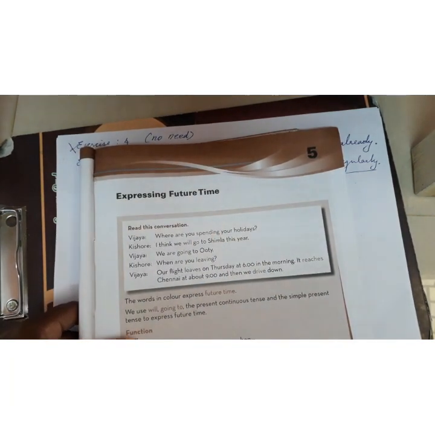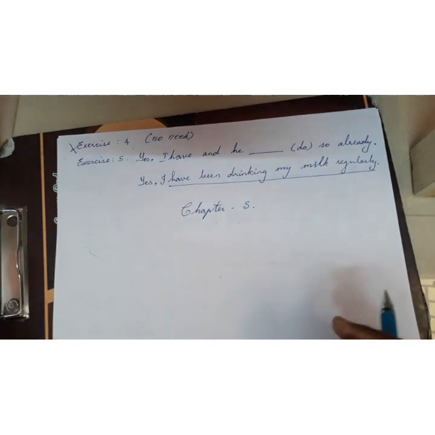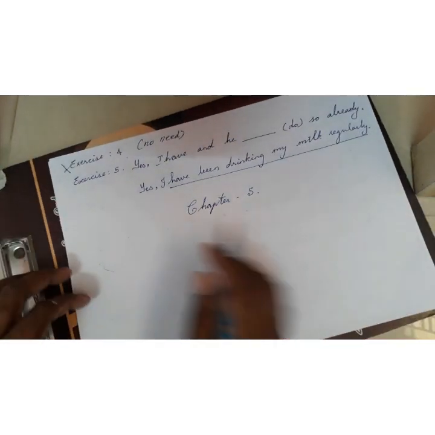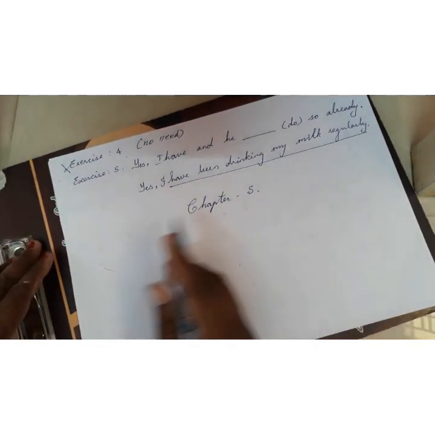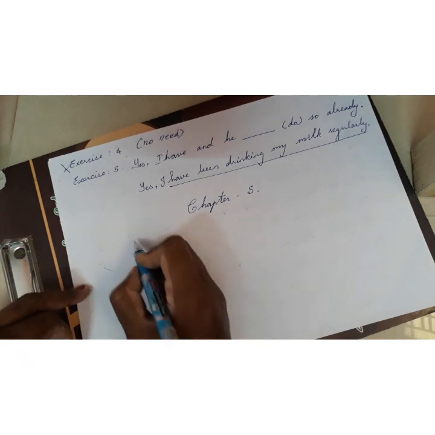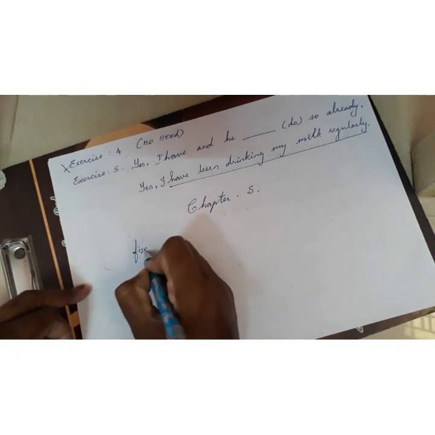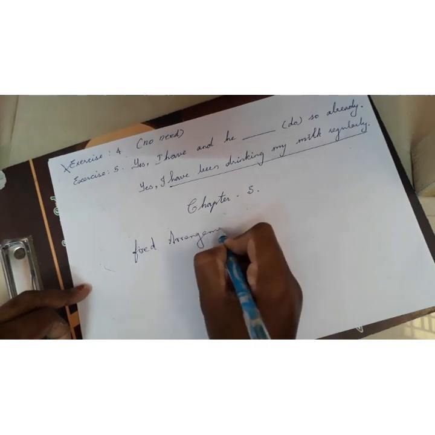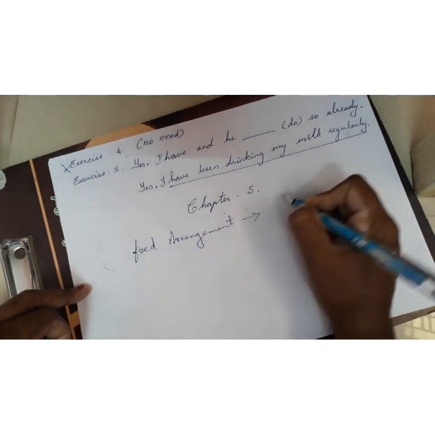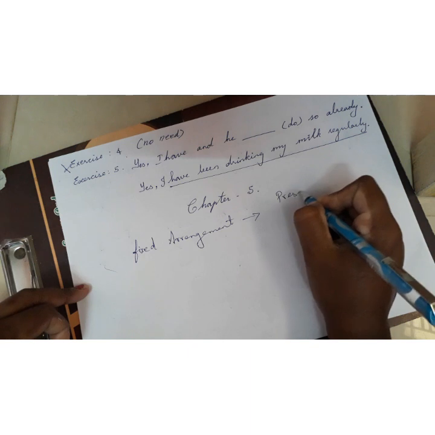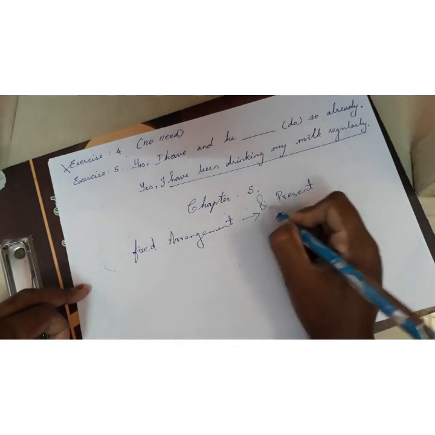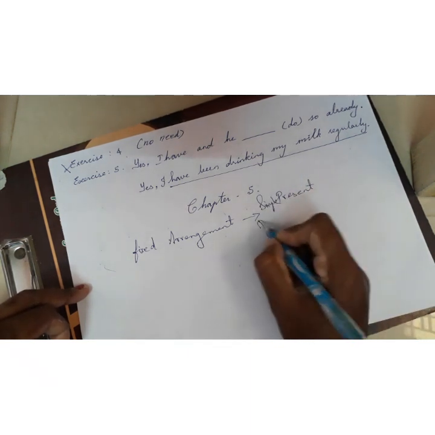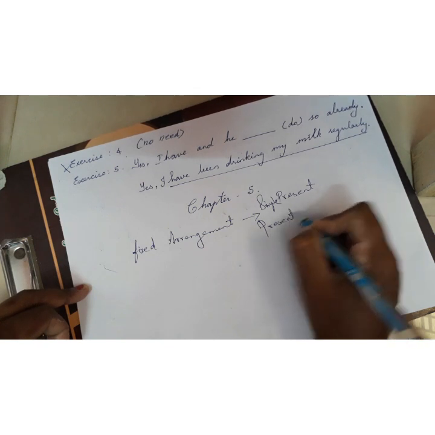And now come to chapter 5. Okay, so here, expressing future time. So let me explain. In this, see, while teaching present tense, I have told that if it is a fixed arrangement, we use simple present tense and present continuous tense, right?